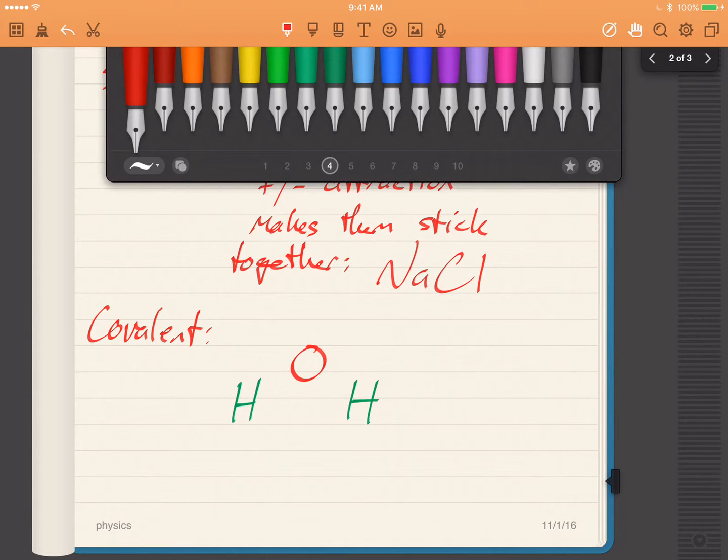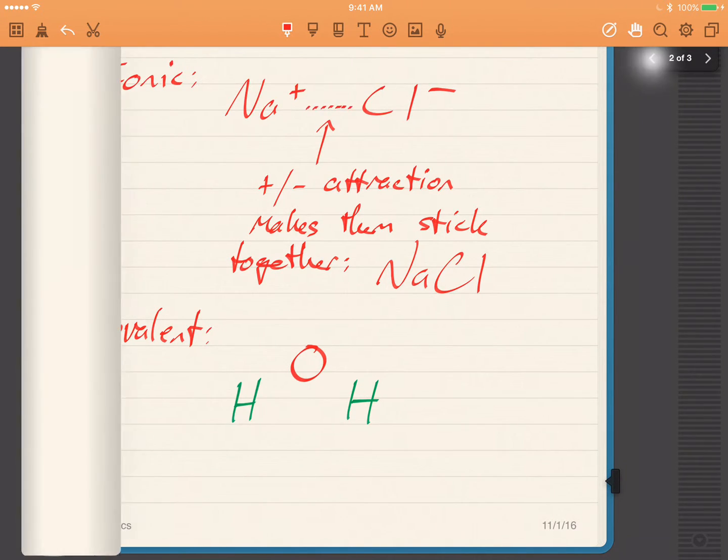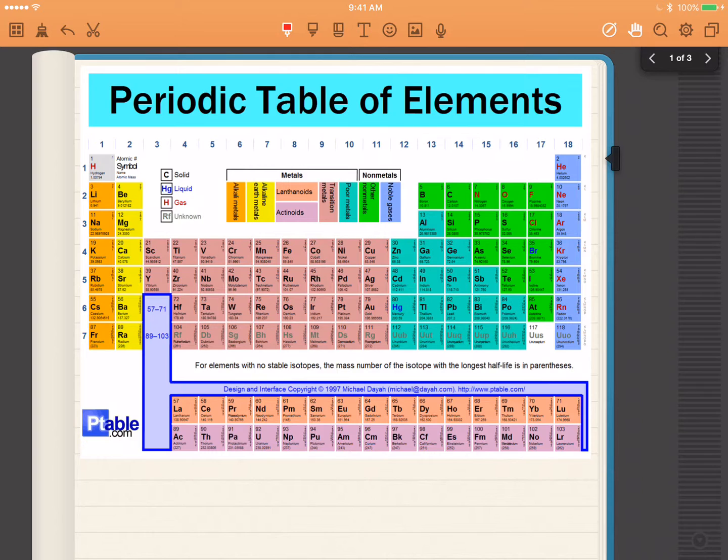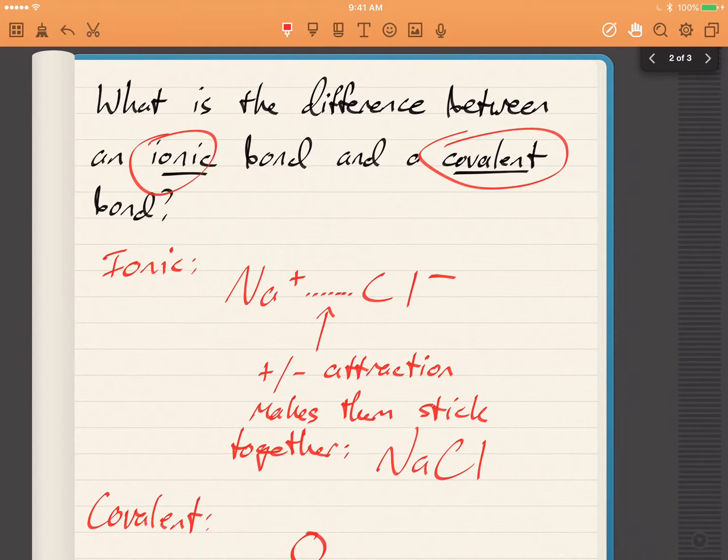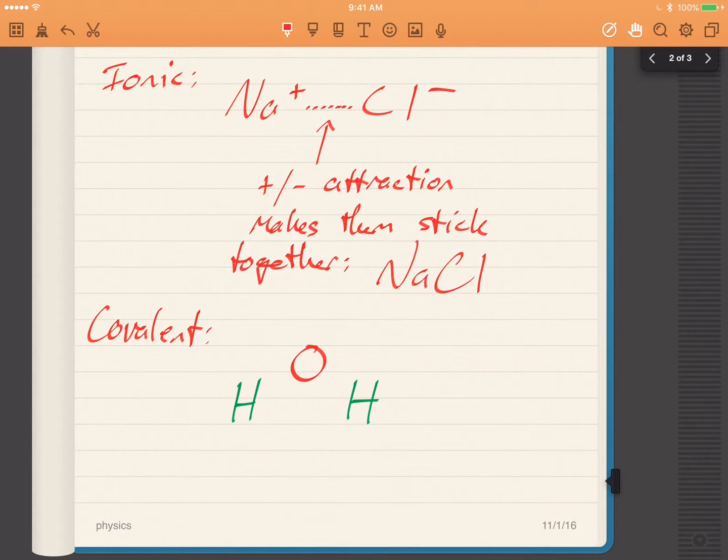So the oxygen, if you look at it in the periodic table, I see that it is in the first, second, third, fourth, fifth, sixth column. Am I right? So sixth column means that it has 6 electrons around it. 1, 2, 3, 4, 5, 6.